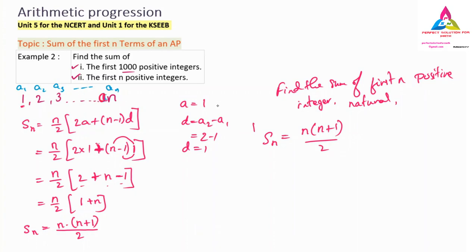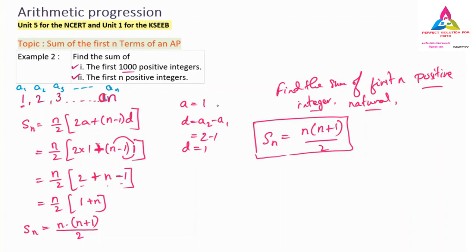The formula remains as it is, that is Sn is equal to n into n plus 1 divided by 2. We can't apply this formula to find the Sn value of all APs. We can apply it only for positive integers or natural numbers.